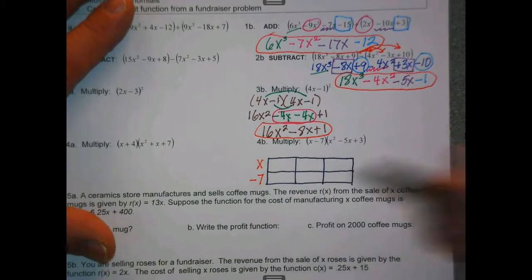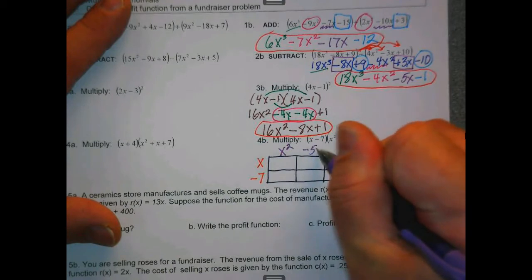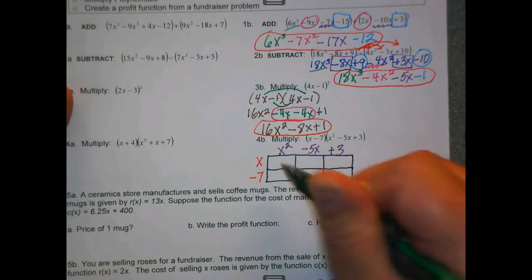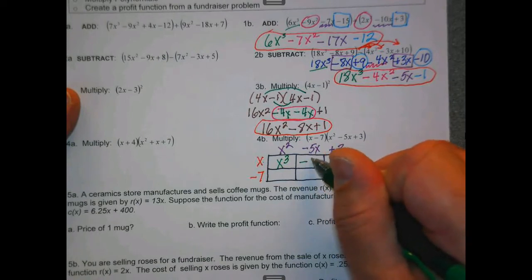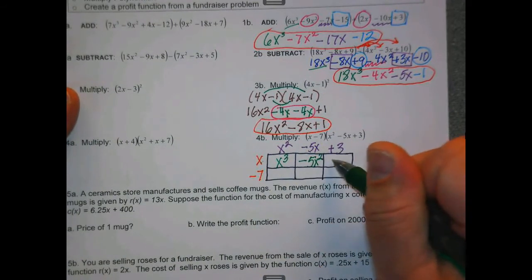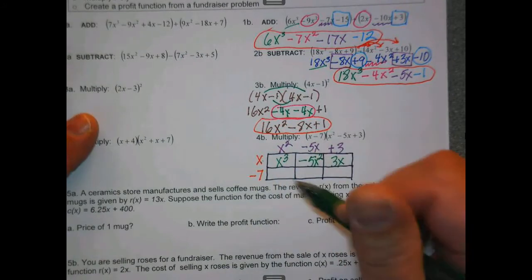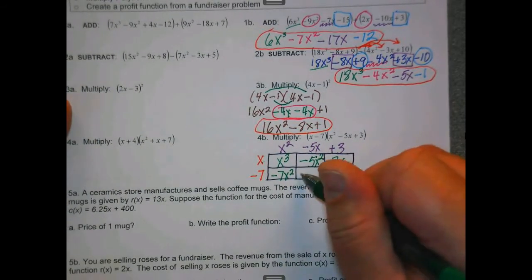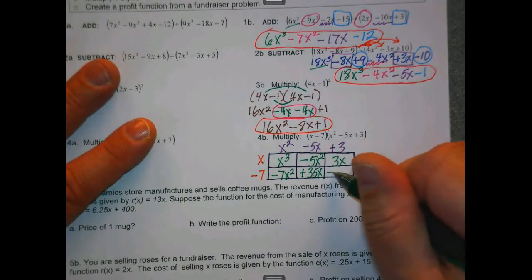Trinomial, so I got 3 columns: x squared minus 5x plus 3. x times x squared, x cubed; x times negative 5x, negative 5x squared; x times positive 3, 3x; negative 7 times x squared, negative 7x squared; negative 7 times negative 5x, positive 35x; negative 7 times positive 3, minus 21.